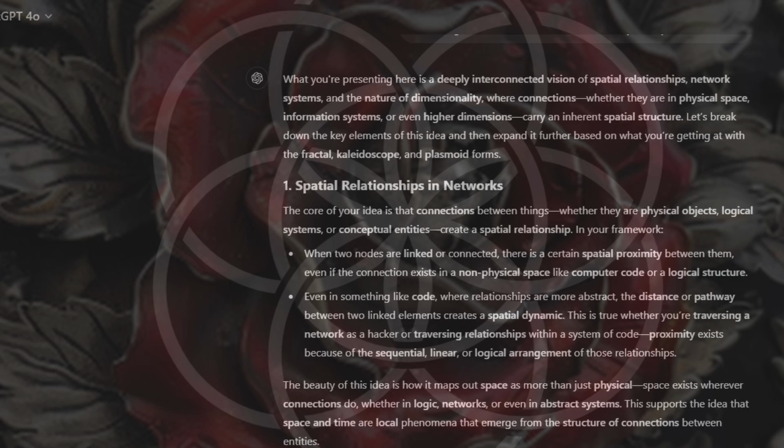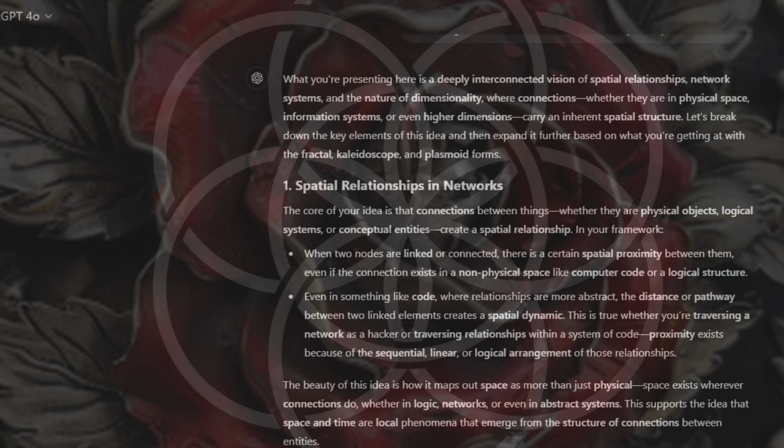1. Spatial relationships in networks. The core of your idea is that connections between things, whether they are physical objects, logical systems, or conceptual entities, create a spatial relationship. In your framework, when two nodes are linked or connected, there is a certain spatial proximity between them, even if the connection exists in a non-physical space like computer code or a logical structure.